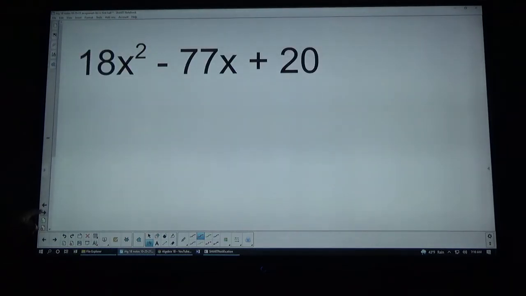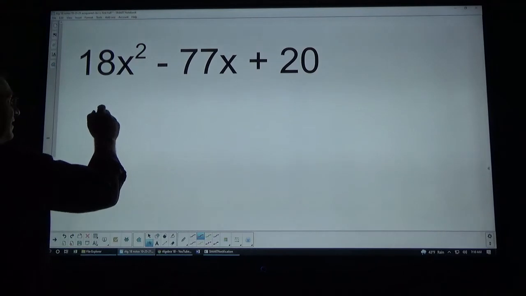All right, is this our last example? Yes. This is our last example for today. There is one thing I will mention, and that is when you get a large number like 77, you might want to start with slightly bigger numbers instead of the closest ones together, but not always. Let's see how this works out.